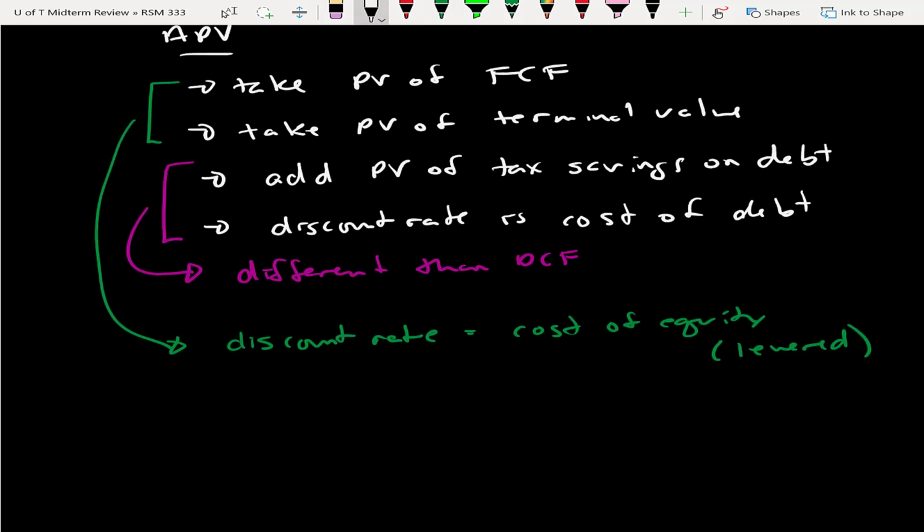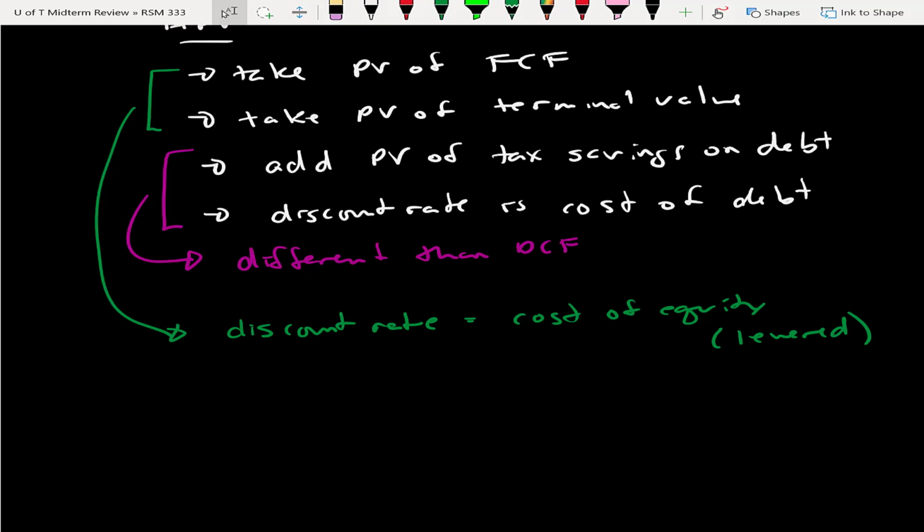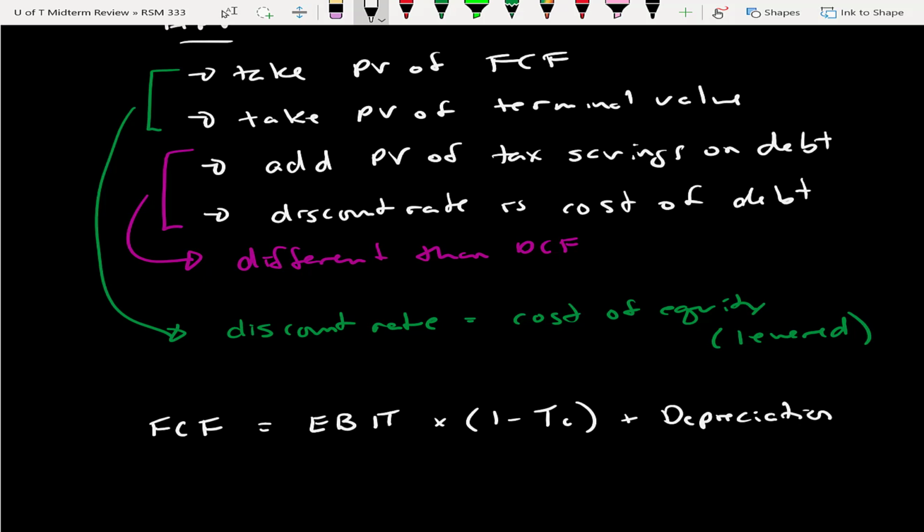And the other thing before we do the forecast, I will use the formula for free cash flow, which is going to be important in both of these calculations. So free cash flow is equal to EBIT, so you take your earnings before interest and taxes, times 1 minus the tax rate, plus depreciation and amortization. You're going to add that back because it's not a cash flow item.